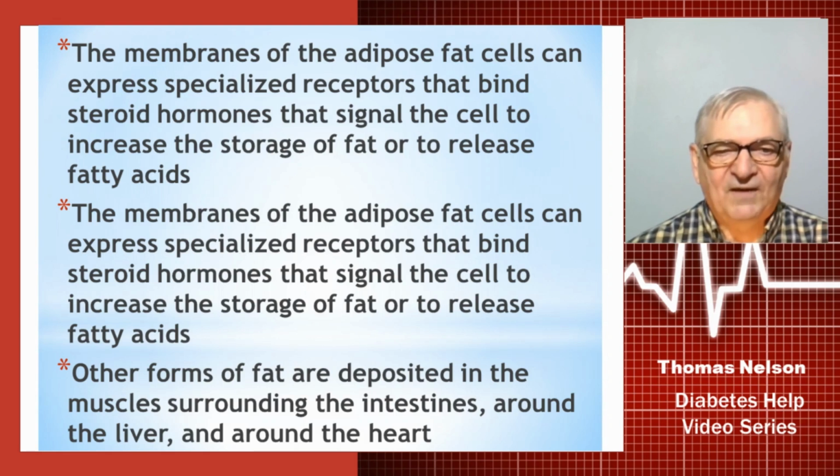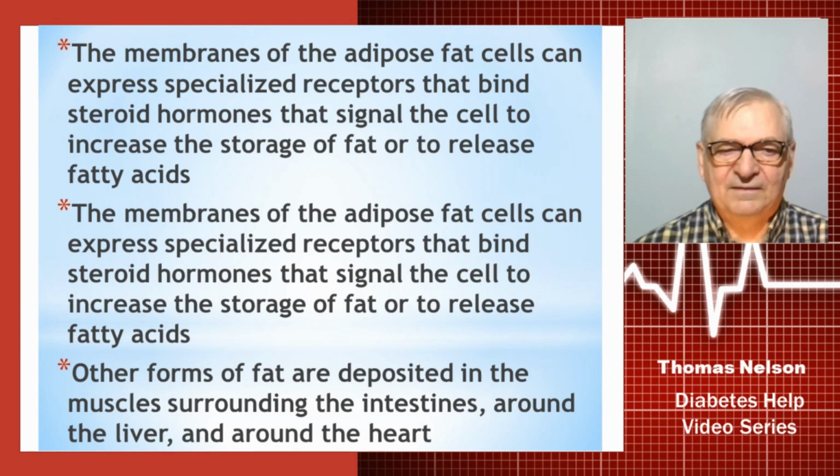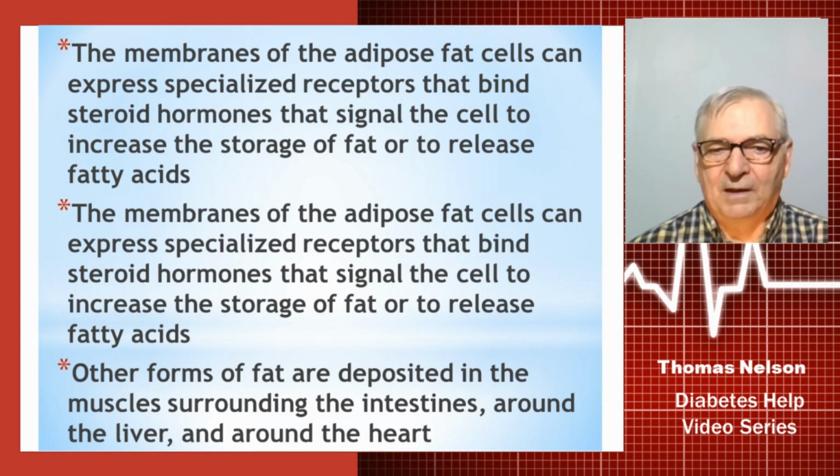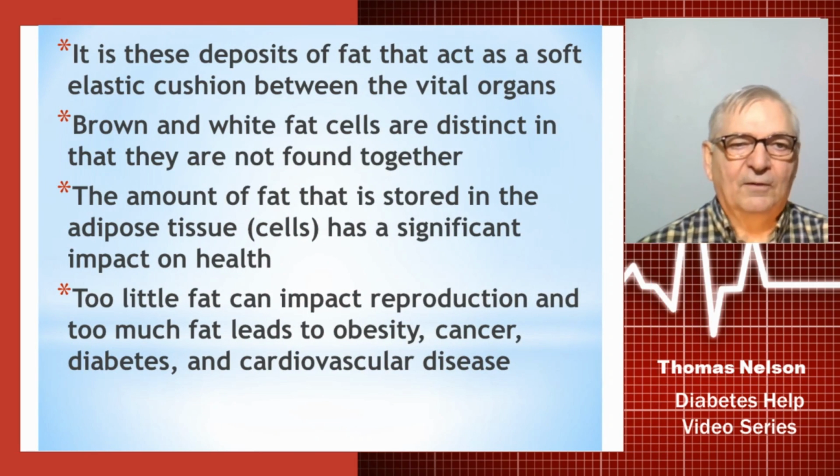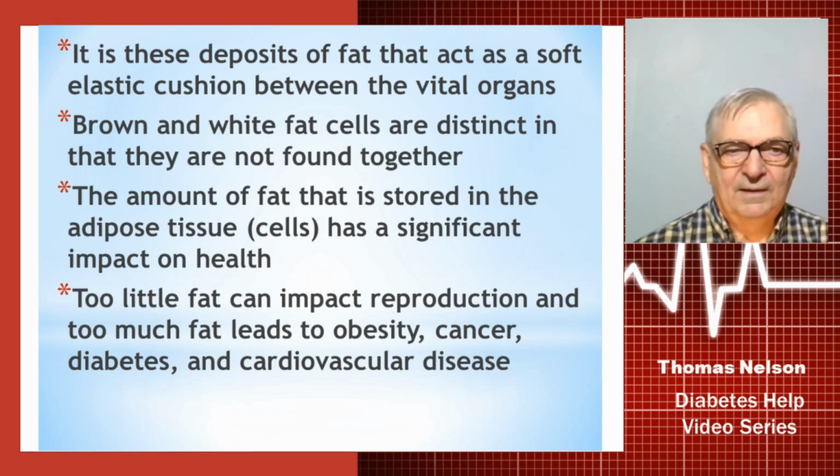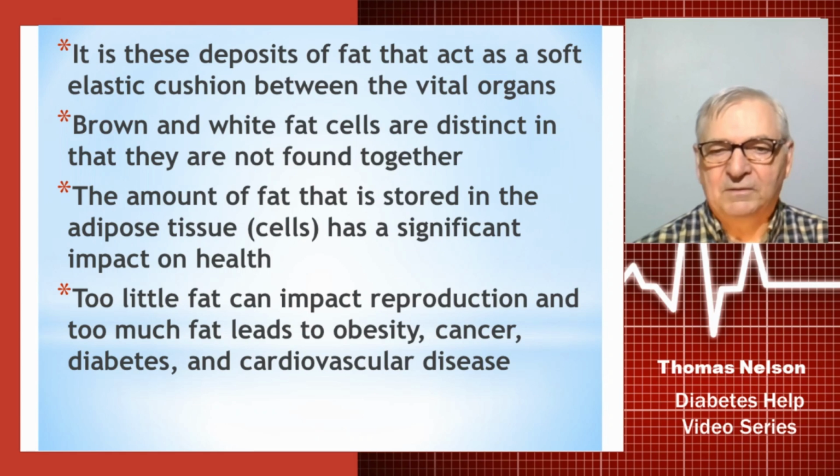So other forms of fat are deposited in the muscles surrounding the intestines, around the liver, and around your heart. So it's these deposits of fat that act as a soft, elastic cushion between those vital organs. The brown and white cells are distinct in that they are not found together.